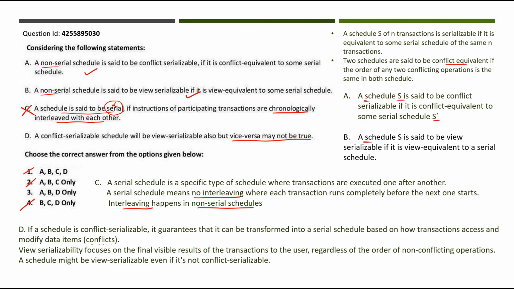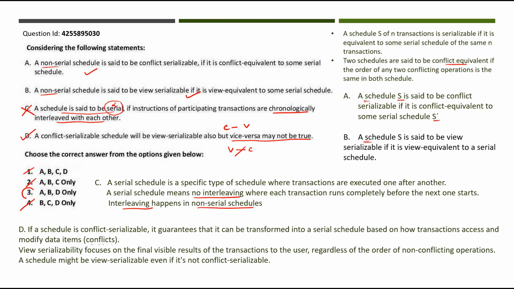A schedule might be view serializable even if it is not conflict serializable. A conflict serializable will definitely be view serializable, but a view serializable need not be conflict serializable. That is what they say, vice versa may not be true. This statement is also right.